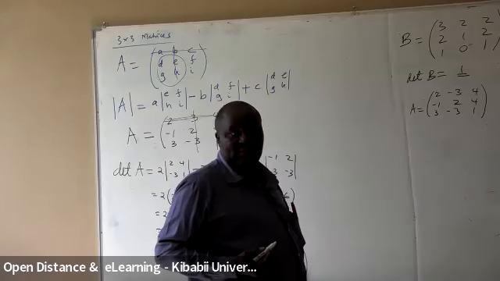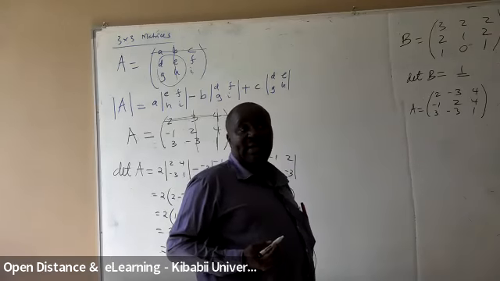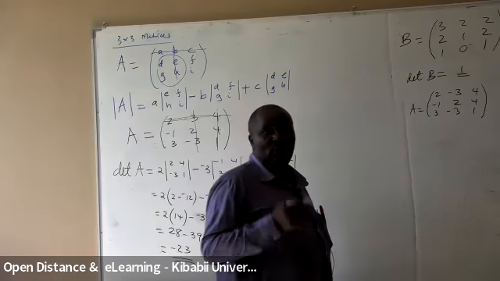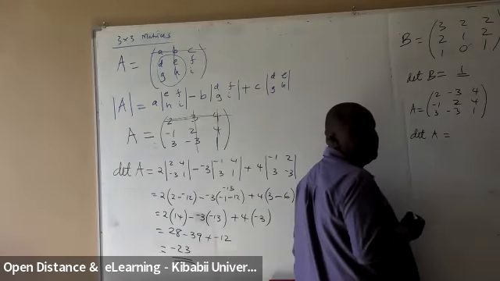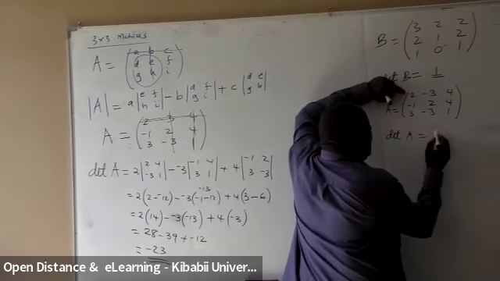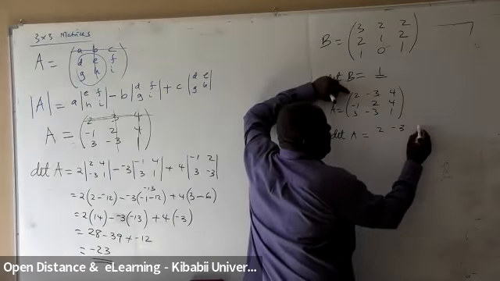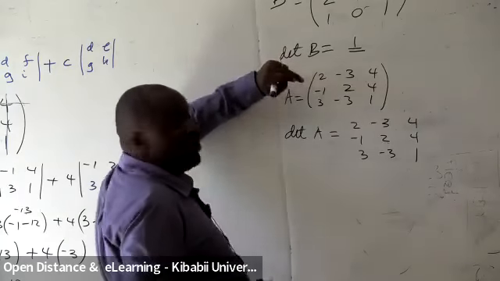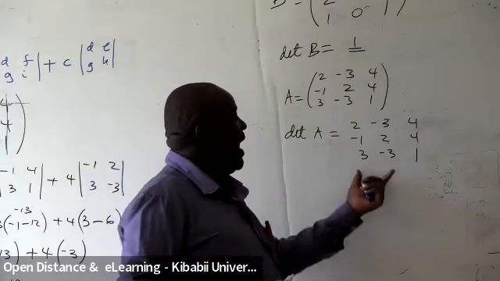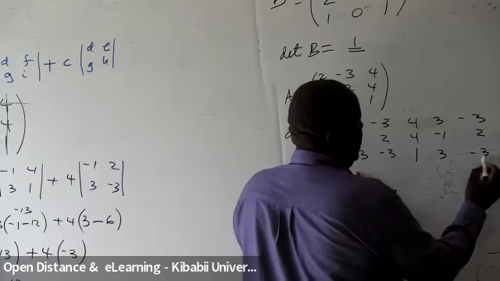This is a square matrix that we can modify into a rectangular matrix and then proceed to compute as follows. The determinant of A will be given by, we have this A matrix as 2, -3, 4, -1, 2, 4, then 3, -3, 1. So how can I make this a rectangular matrix? I add the first 2 columns, 3, -3, then -1, 2, then 3, -3.